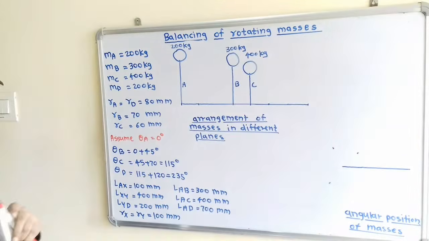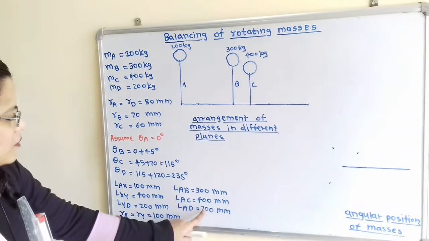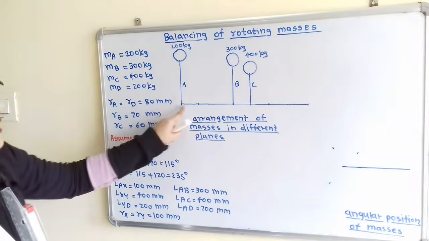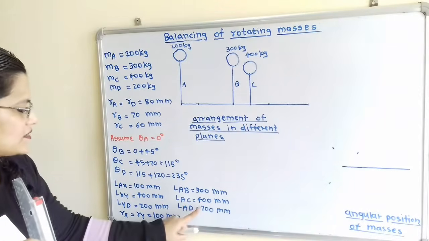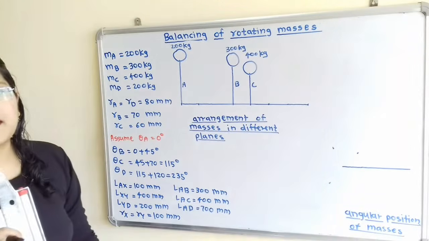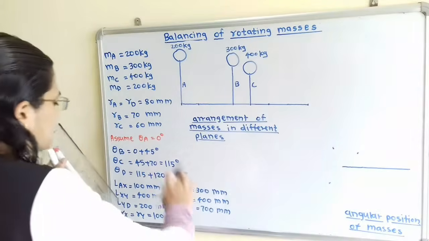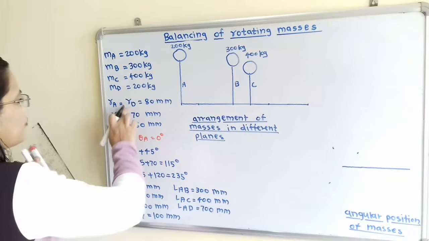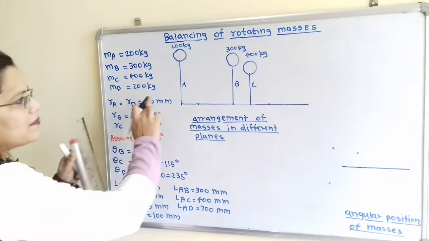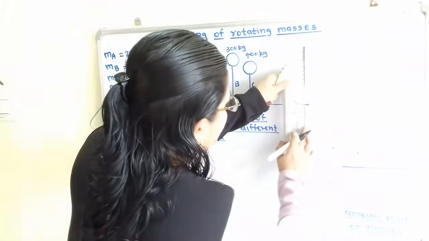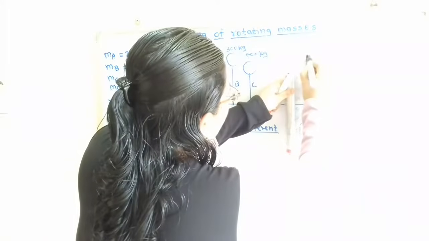Then we will move next, that is LAD. So it is 700 mm. So again from this A we will take approximate distance, that is 7 multiplied by 3, that is 21 cm, and we will mark here one point. Now what is the radius of rotation for this D? That is 80 mm. So again we have to take 8 cm distance and we will draw here.